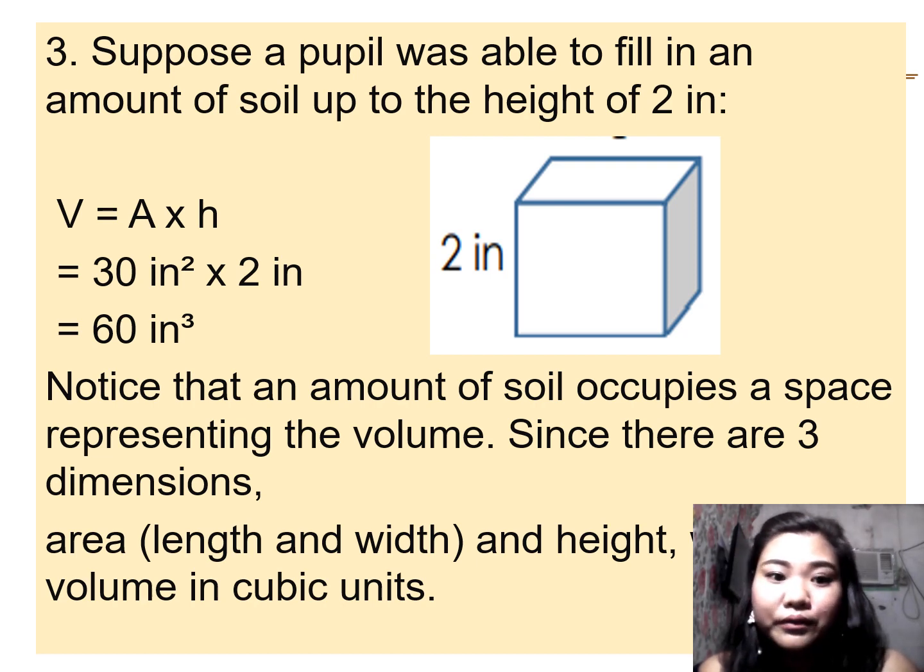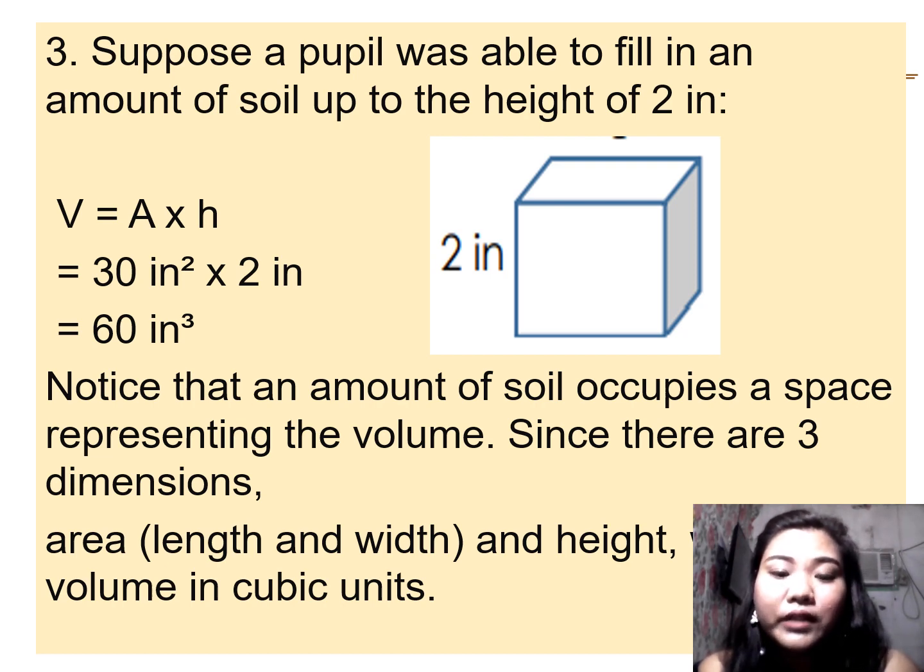To find the volume, simply multiply the area and the height. Substitute the values of height and area. Therefore, the volume of the rectangular prism pot is 60 cubic inches.